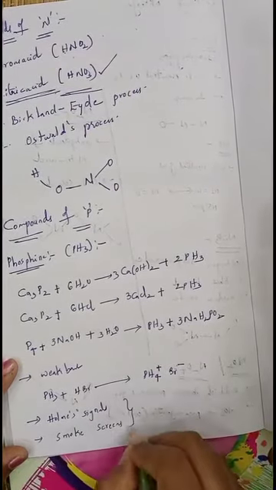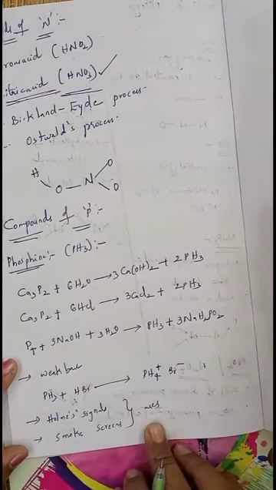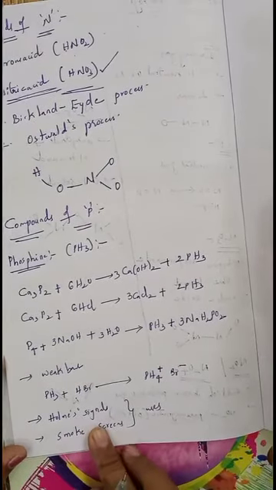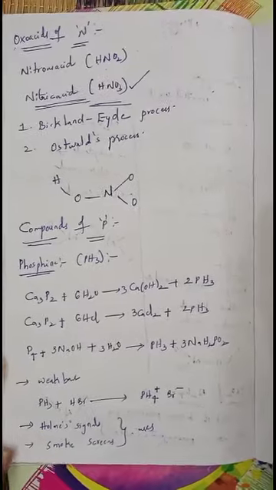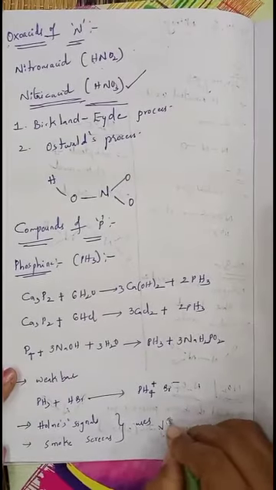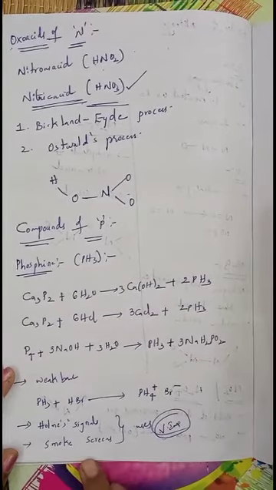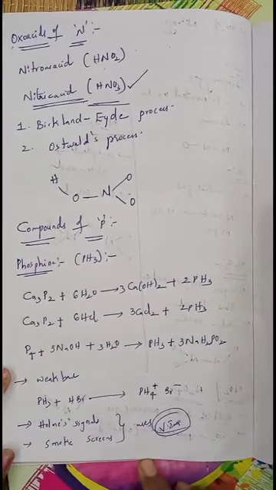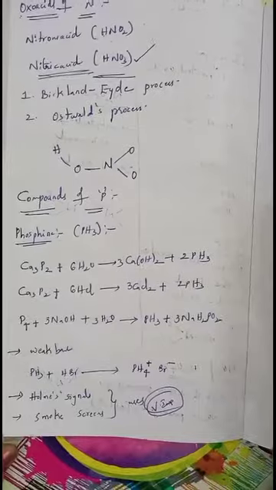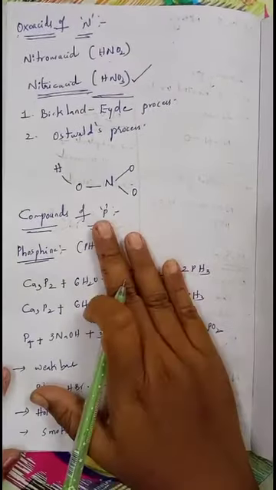So these two are uses or applications. Very important question: which among the following compounds can be used in the preparation of Holme's signals or smoke screens? That is nothing but this phosphine. So that is about the first compound of phosphorus.